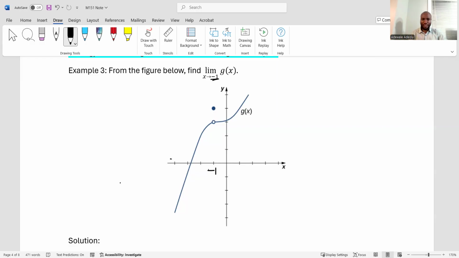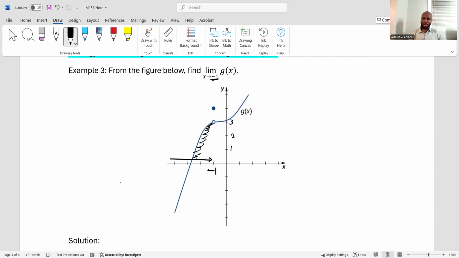So on this side, as x is trying to get to -1 from this side, we'll see that the y value is trying to get to this y value, which is 1, 2, 3. Can I say it is 3 here?